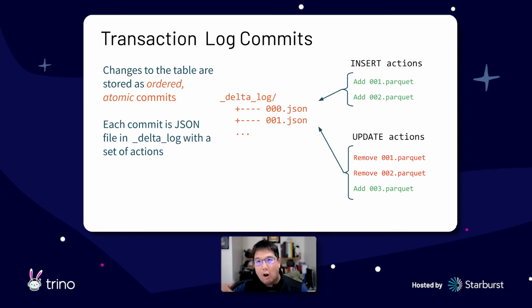So even if there are those 18 files there, we would never read them, because we only reference the transaction log to determine what files we're supposed to read. So this allows us to process lots of data and write lots of data, whether it's batch or streaming, to the Cloud Object Store at any one point in time.